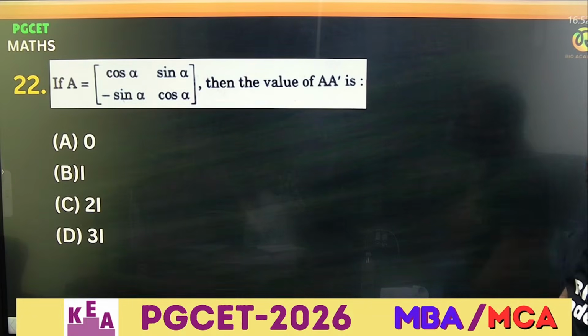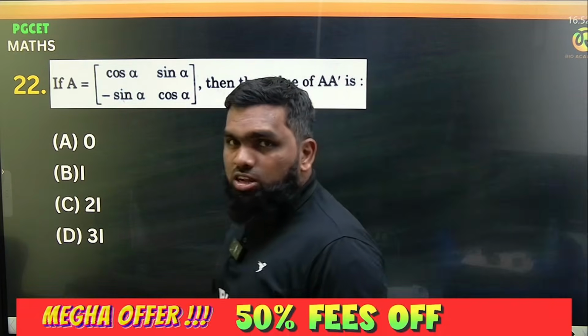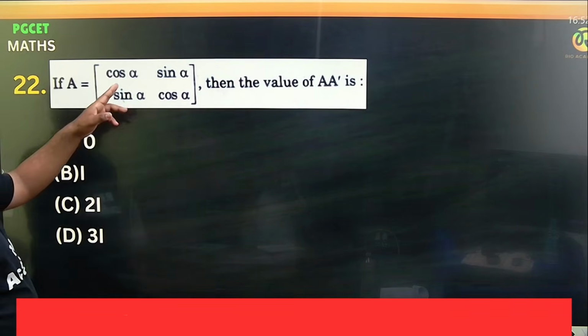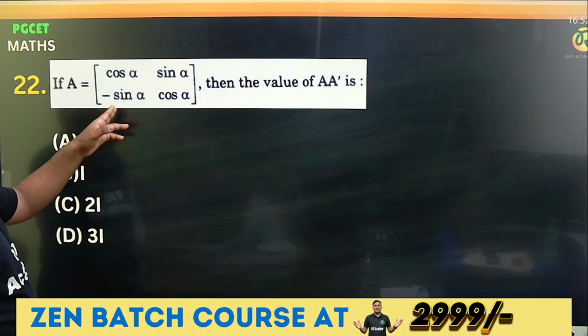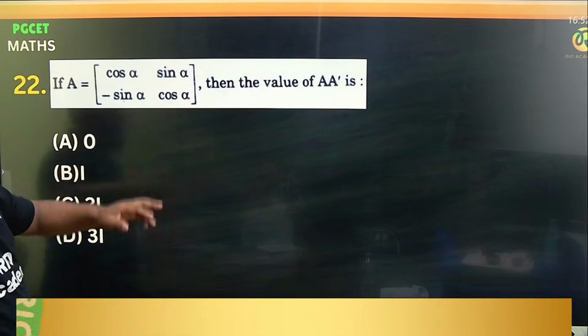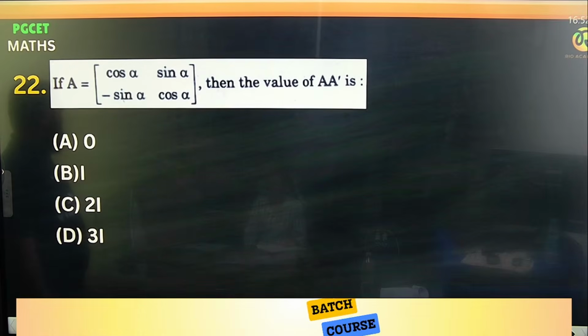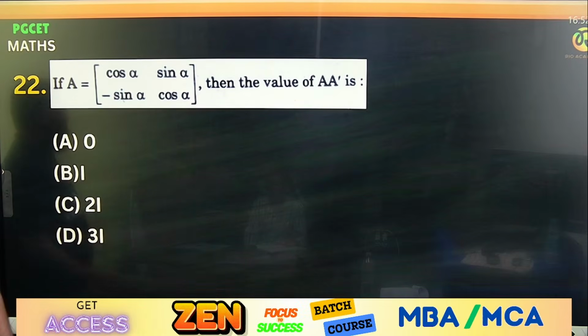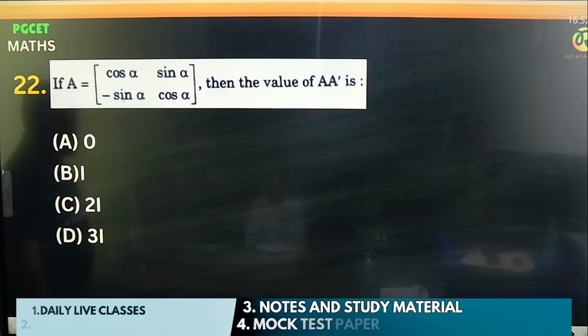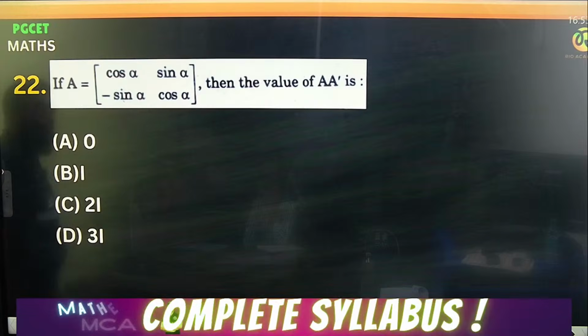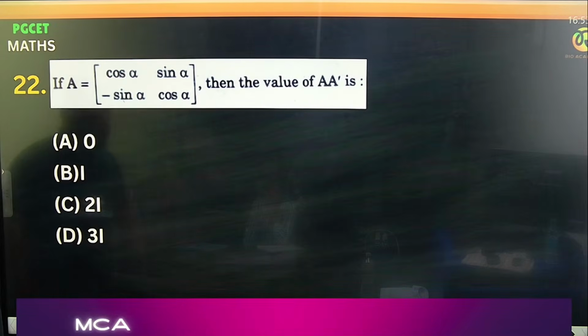The next one, that is a matrix problem again. We have a matrix problem: A is equal to the matrix with rows cos alpha, sin alpha and minus sin alpha, cos alpha.